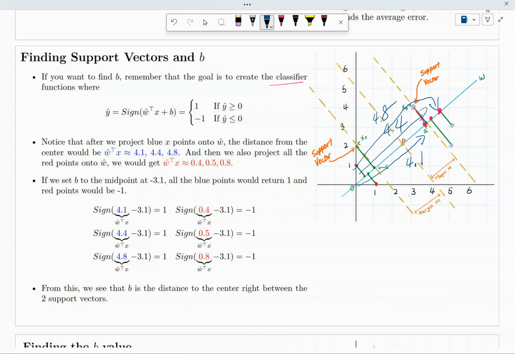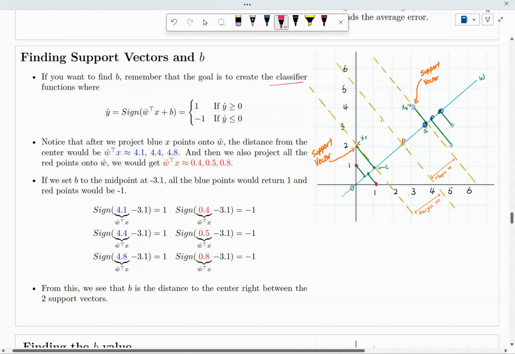So after we do the projection, we know the distance to all the points, and we also know the distance to all the points in red, right? So we know the points here and we know the points here, and therefore, we know the distance to every one of these points.